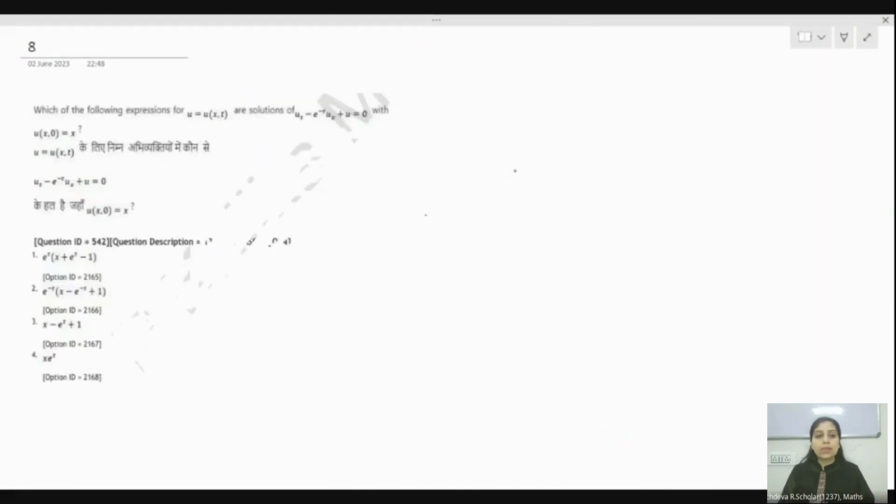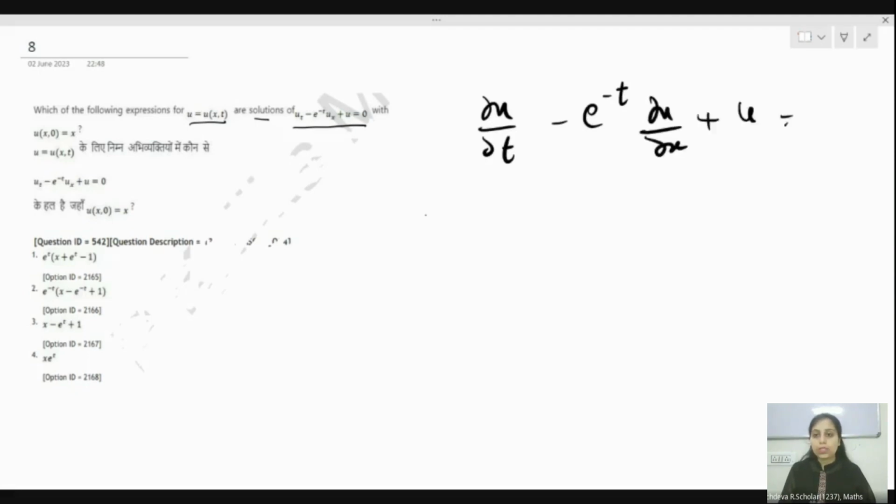Now let's take another problem, a different type of problem based on partial differential equations. Which of the following expressions for u(x,t) is a solution of ∂u/∂t minus e raised to power minus t ∂u/∂x plus u is equal to 0, with the condition u(x,0) is equal to x?